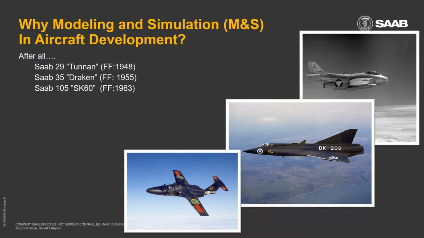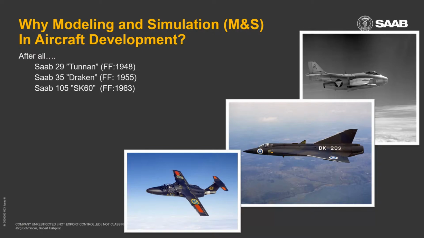So Saab Aeronautics is an aircraft developer, and this is something that we have been doing for a very long time. Here you can see some pictures of three Saab developed aircraft. In the top right, we have the Saab 29 Tunnan, or barrel aircraft.